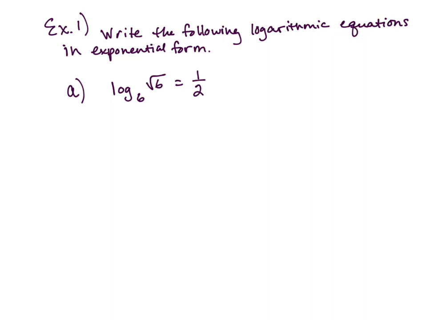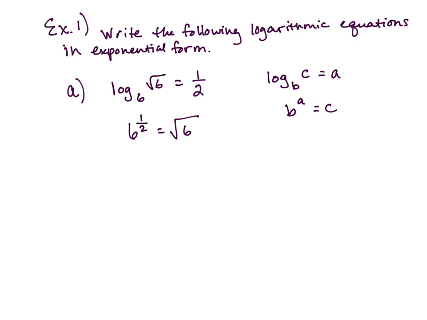And I need you to remember this. Log base B of C is A. And we want to write it as B to the A equals C. Wouldn't it be 6 to the power of 1/2 equals the square root of 6?